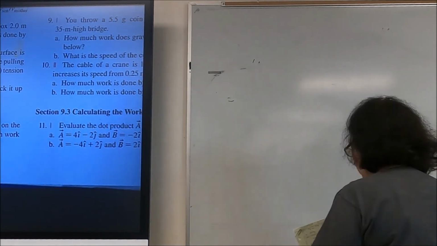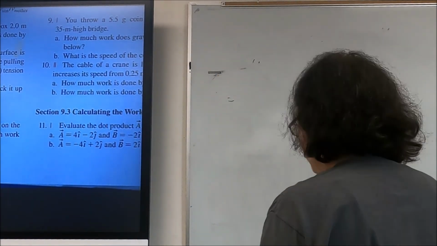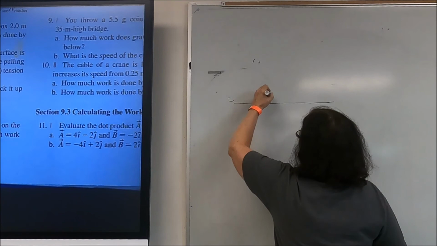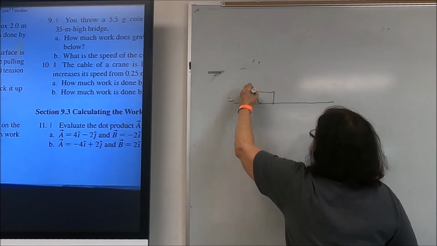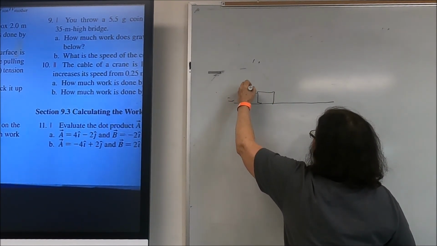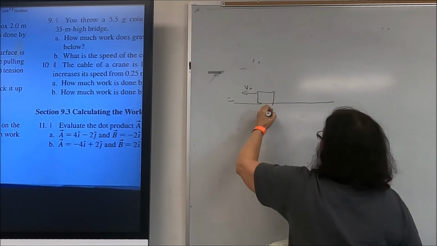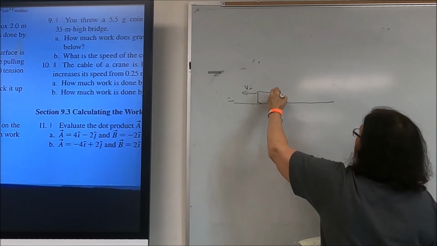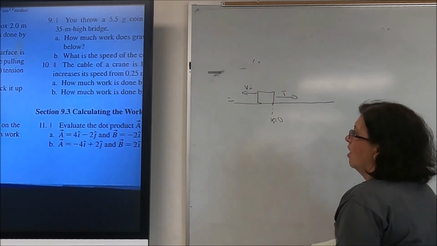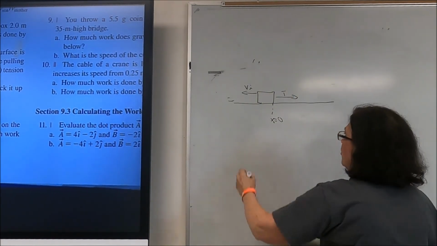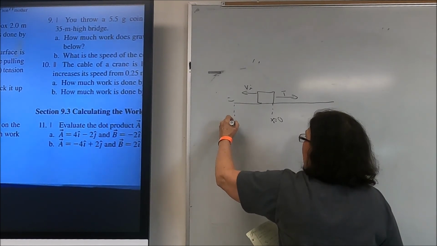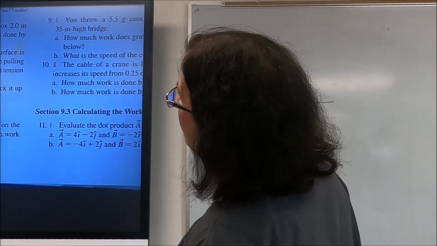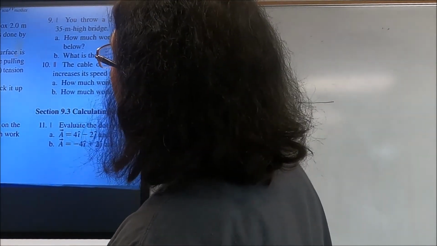So let's look at the situation that we've got here. Okay, we've got a box here, and it's moving initially. The initial is in this direction. I'll call this x initial equals 0. It's got a tension force on it in this direction, and our x final is 2 meters.